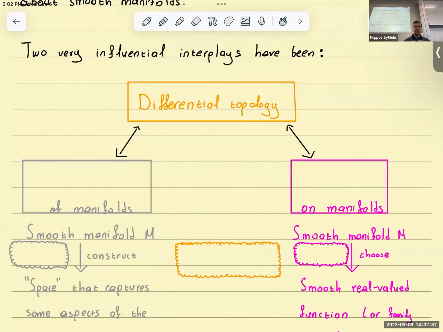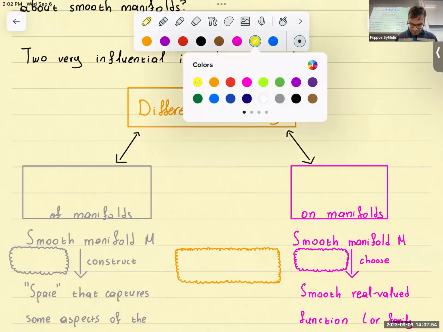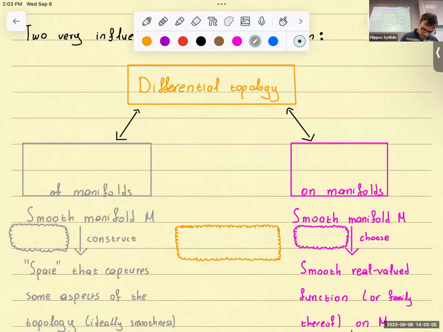And there have been two very influential interplays in this story, one of which is directly relevant to what we'll be talking about. And the other I just want to mention because I think it's cool and it's good to have it at hand. So one interplay is between the topology of smooth manifolds, differential topology, and maybe what we can call the algebraic topology of manifolds.